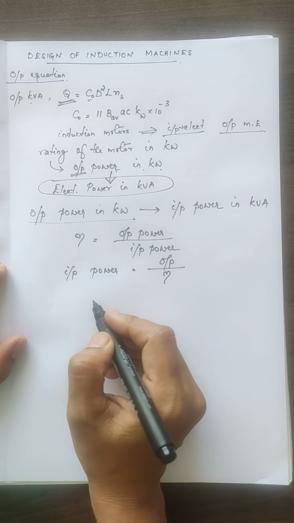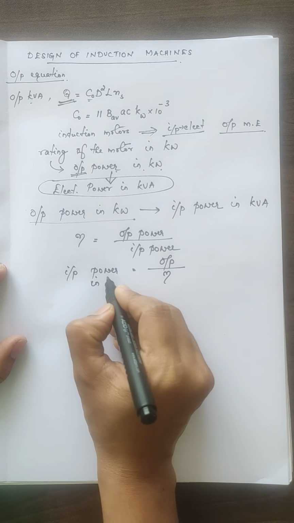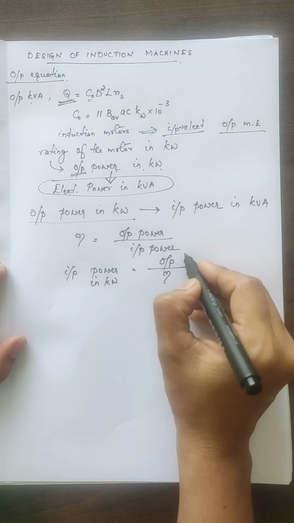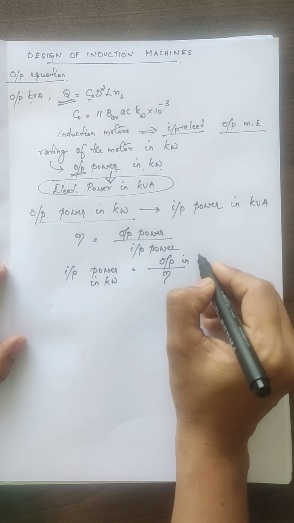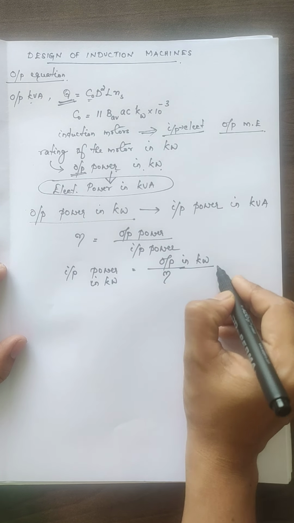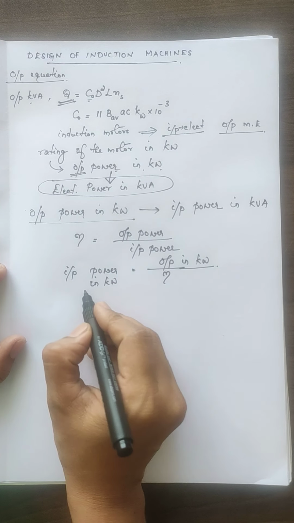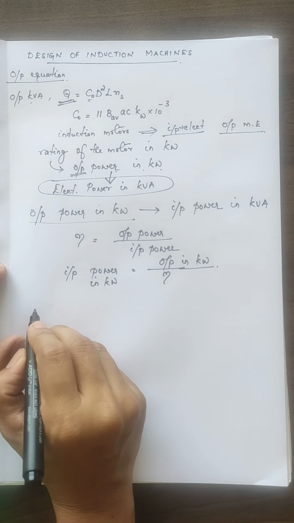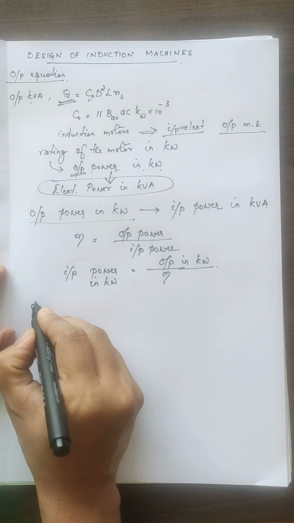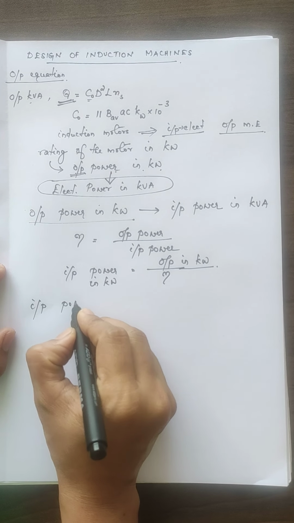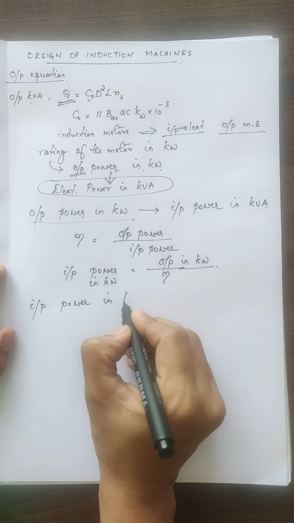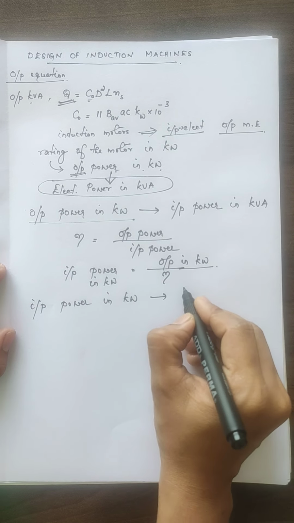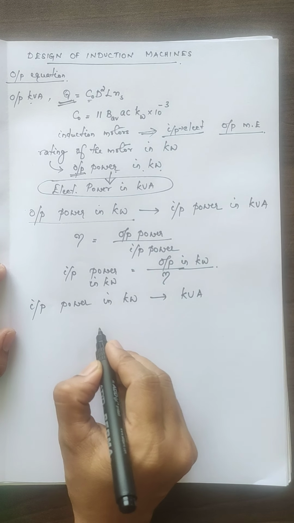So input power in kilowatt is equal to output in kilowatt divided by efficiency. Now we need to convert this input power in kilowatt to input power in kVA. How will you convert this?